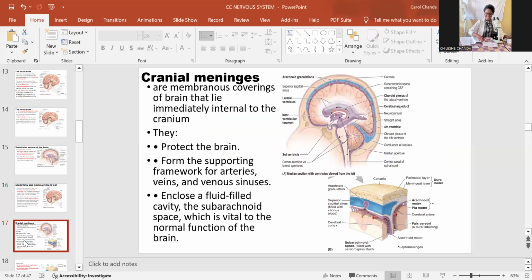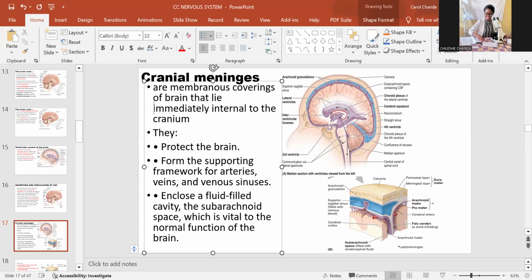Let's now look at the cranial meninges. Meninges are membranous coverings of the brain, and these lie immediately internal to the cranium, the cranium being the skull. So immediately internal to the cranium, we find these membranous coverings known as the meninges. These meninges protect the brain.